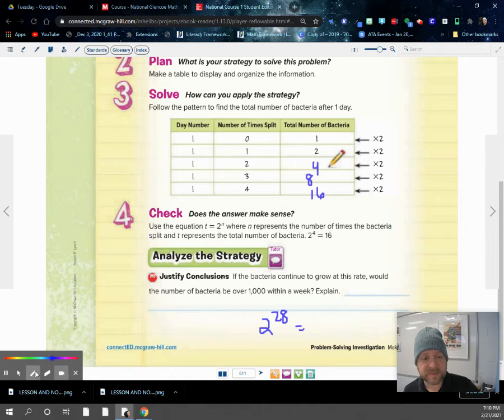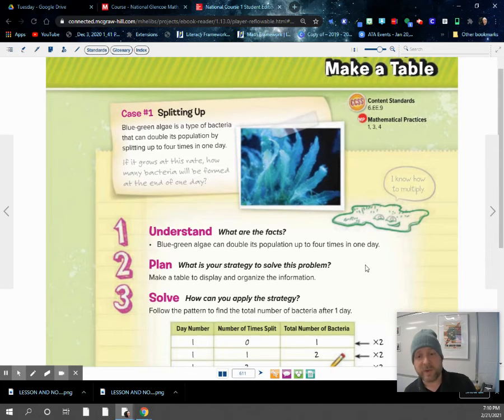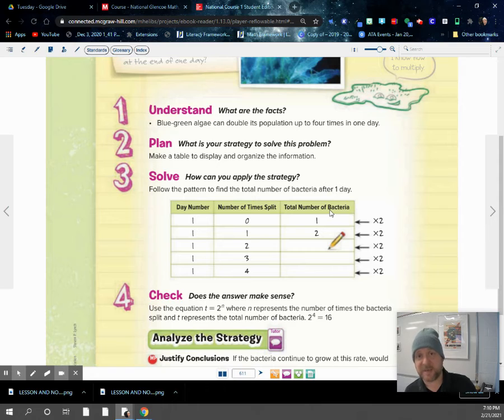Now, your problems today are not going to be exactly the same as this problem, but they will be similar. So think about the steps you're going to need to do. For number 2, it actually works it out with you. What are the facts of your problem? Make a plan on how you're going to solve it. In this case, we made a function table to figure out how many times, and then we used the inputs and outputs from that table to make an equation or a function rule that governed that table.